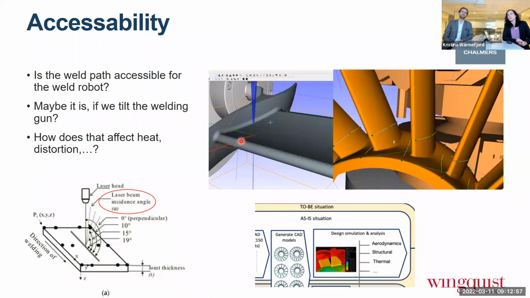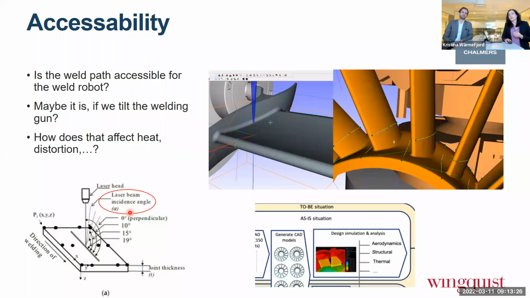So that is also something that we need to include in this screening of different design alternatives. But one thing that we have when we look at accessibility is that maybe sometimes we need to tilt the welding gun a little. So you see here in this illustration, if we weld with a small angle for the laser beam, maybe we can access them.